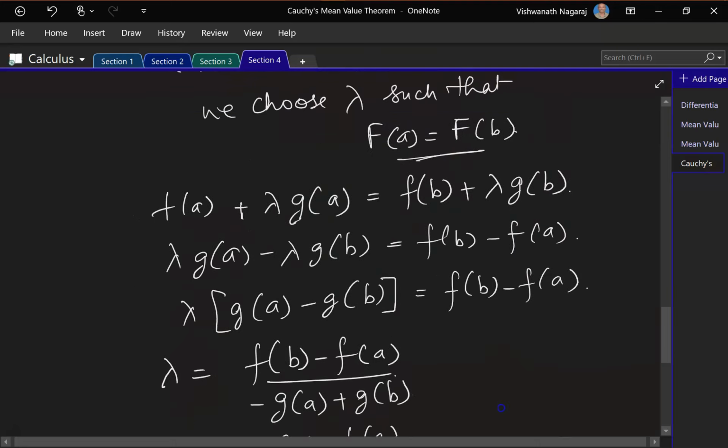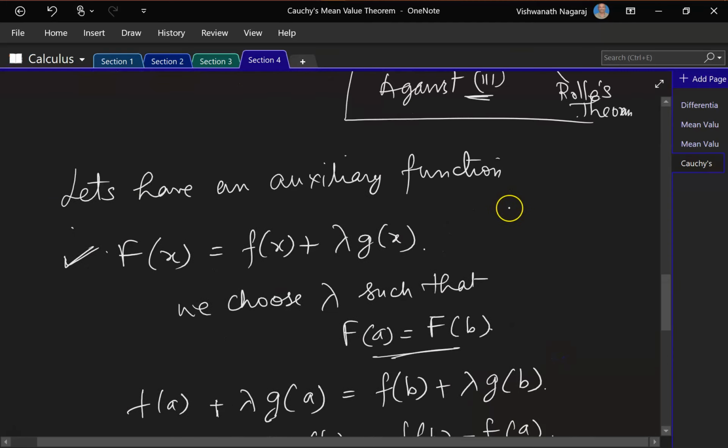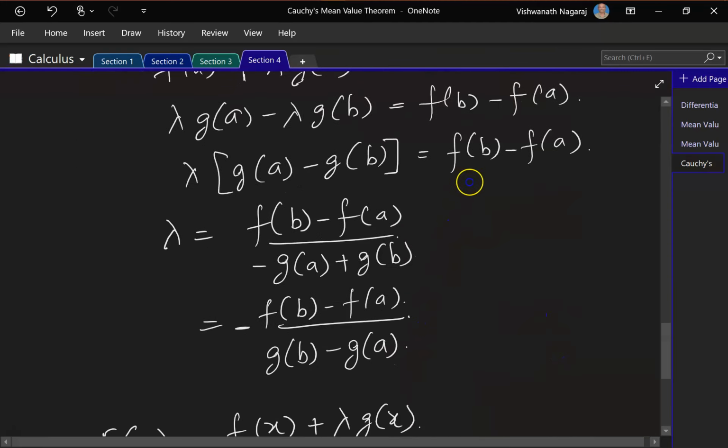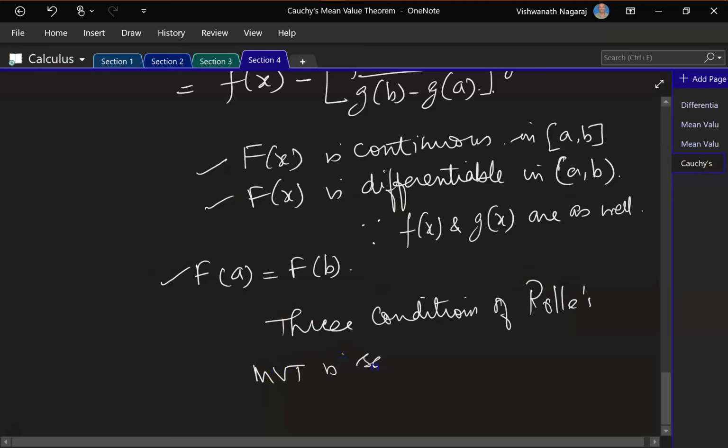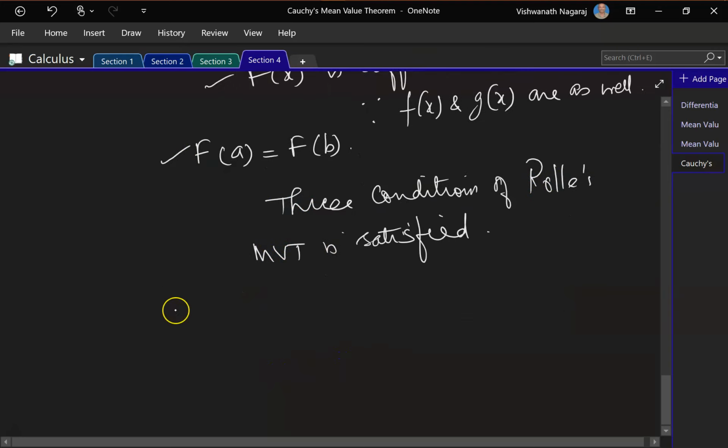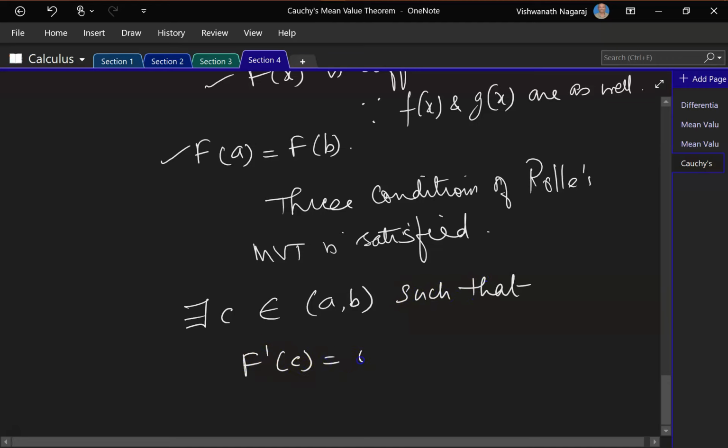Because we have chosen lambda such that F of a is equal to F of b. So basically the 3 conditions of Rolle's theorem are satisfied. So based on Rolle's theorem, we can say there exists c belonging to the open interval (a, b) such that F prime of c is equal to 0.